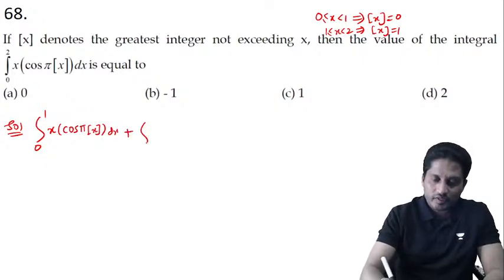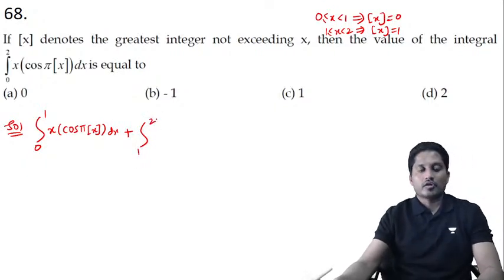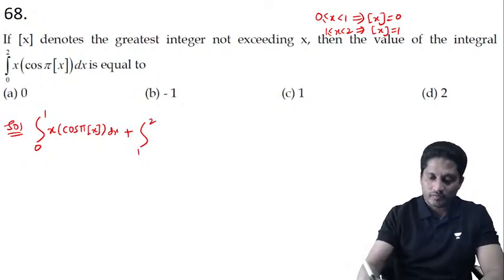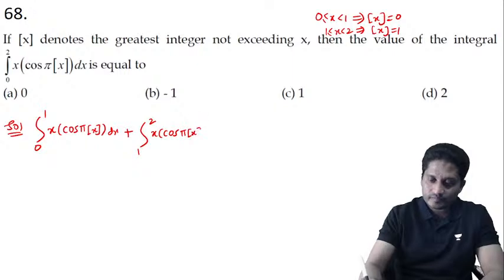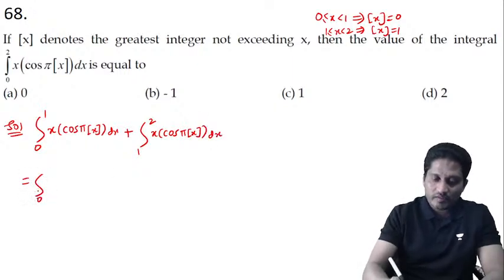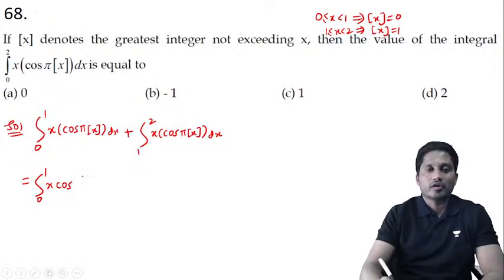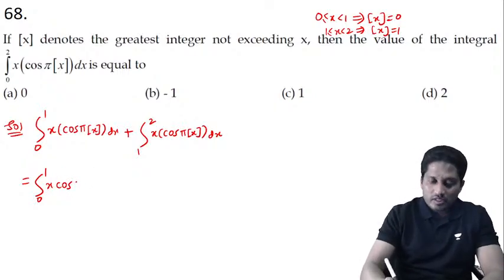Now this is equal to integration 0 to 1. Between 0 and 1, floor x is 0. So 0 into pi will be 0, and you get cos 0.